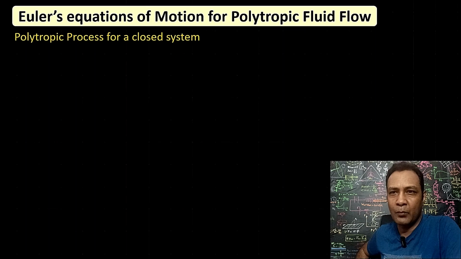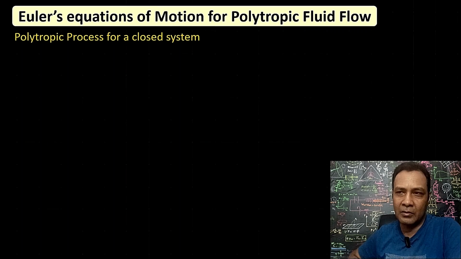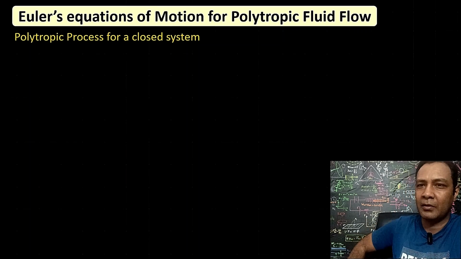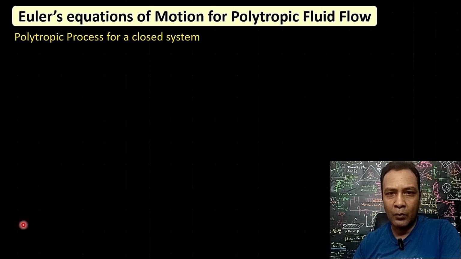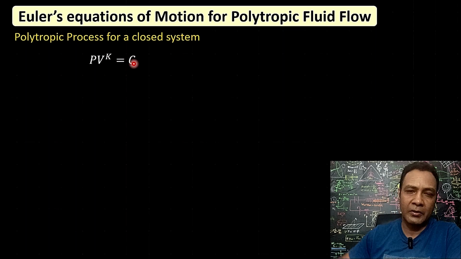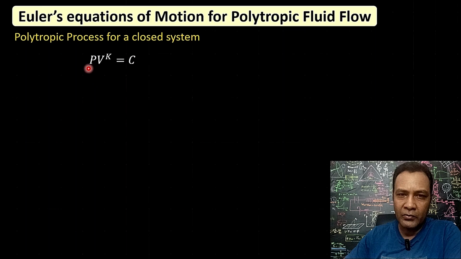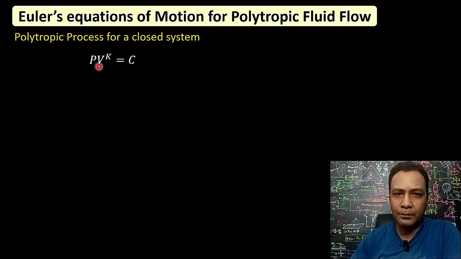We assign a polytropic index, and just by varying that index, we can practically have infinite processes. For a closed system, the equation is P V power K is equal to constant. P is pressure, V is the volume, and K is the polytropic index.